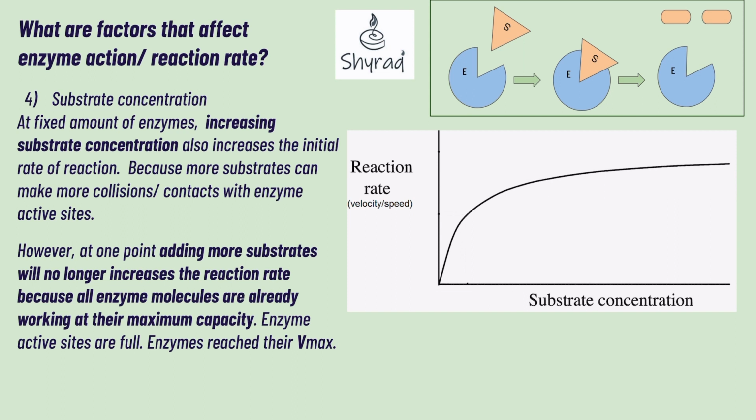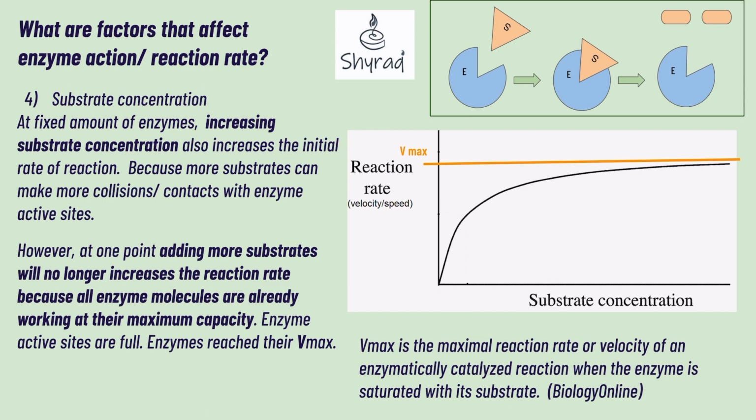However, at one point, adding more substrate will no longer increase the reaction rate, because all enzyme molecules are already working at their maximum capacity. Enzyme active sites are full. Enzymes reach their Vmax. Vmax is the maximal reaction rate or velocity of an enzymatically catalyzed reaction when the enzyme is saturated with its substrate.